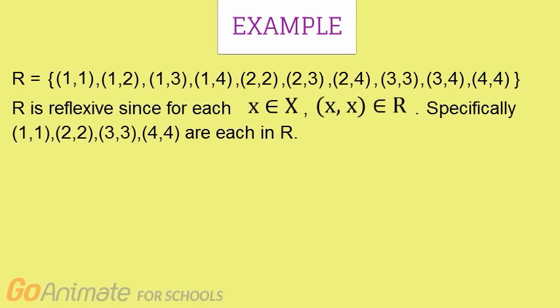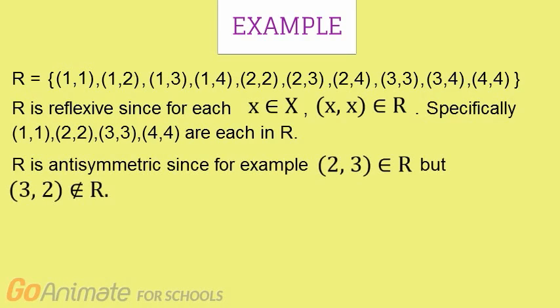Hence, R is reflexive. Observe that, for any pair (X, Y) belonging to R, the pair (Y, X) does not belong to R. For example, (2,3) belongs to R, but (3,2) does not. This means that R is antisymmetric.